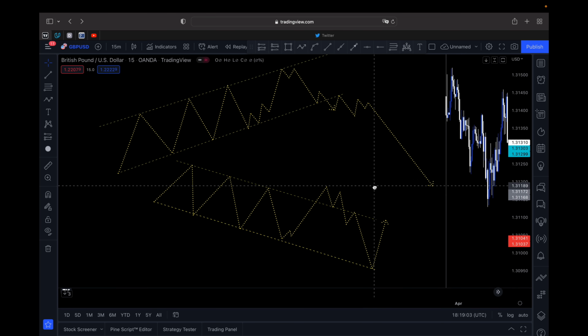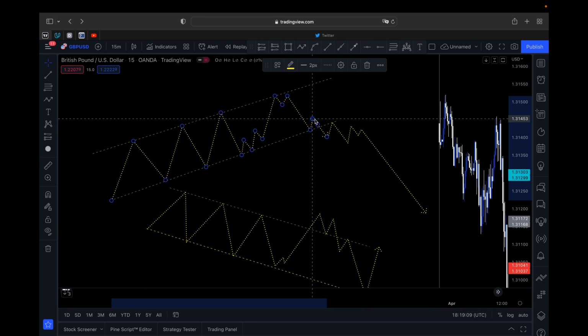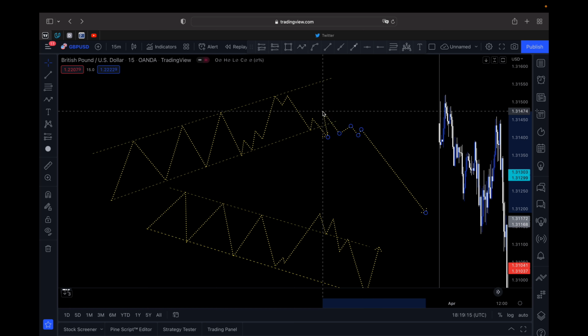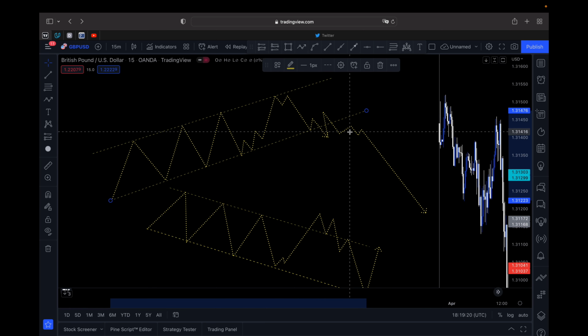This is the bullish fake out, and for the bearish fake out, since it couldn't take out this here, it will stop here. There will be a break-in again, and here you go.